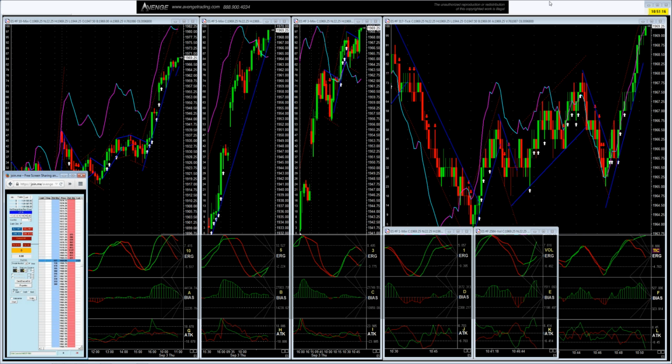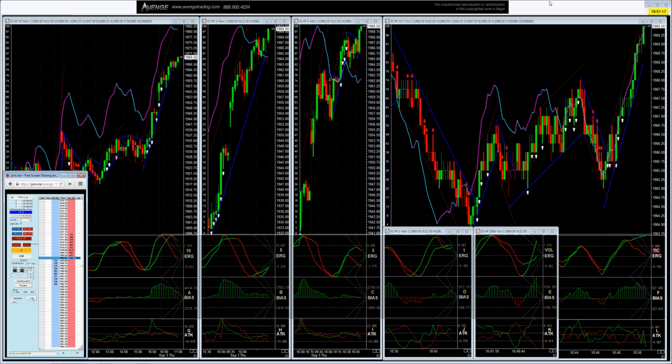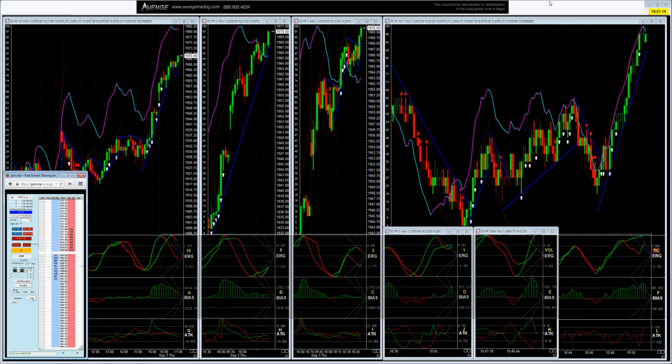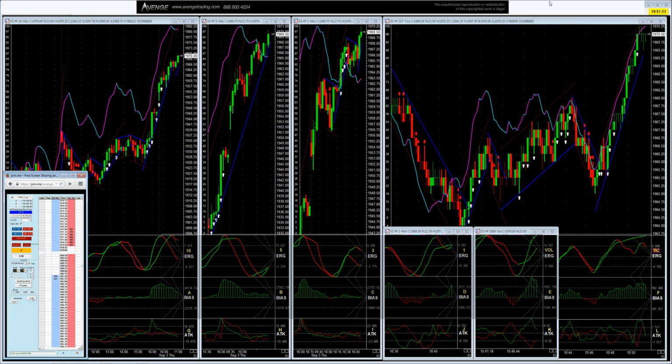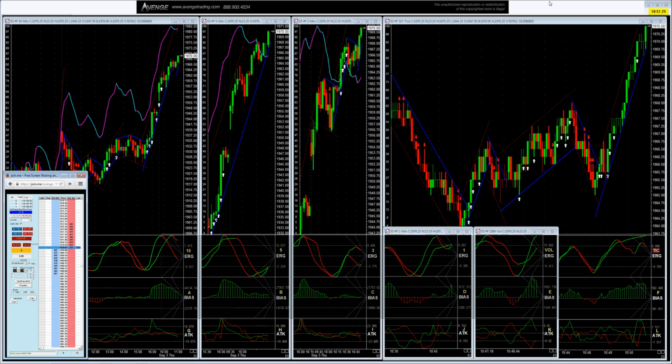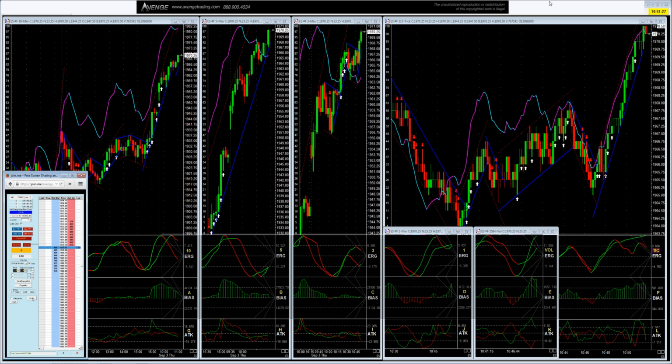Ended up having a point further on that loss there. And the market shot up here instead. Still holding that 5-minute trend line.